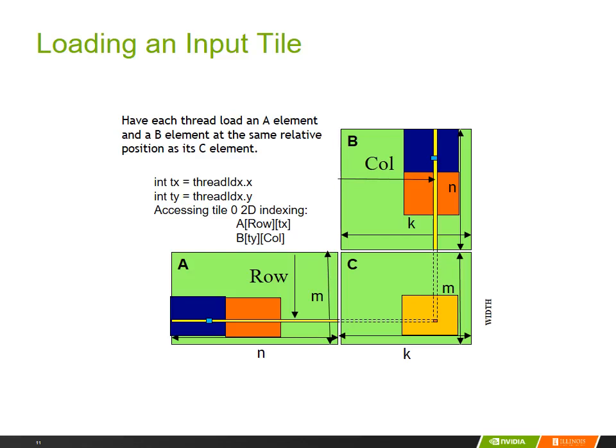The most important point is that when the data is loaded from DRAM, the neighboring threads should be accessing neighboring locations, and this is done in the loading process for the tiles.